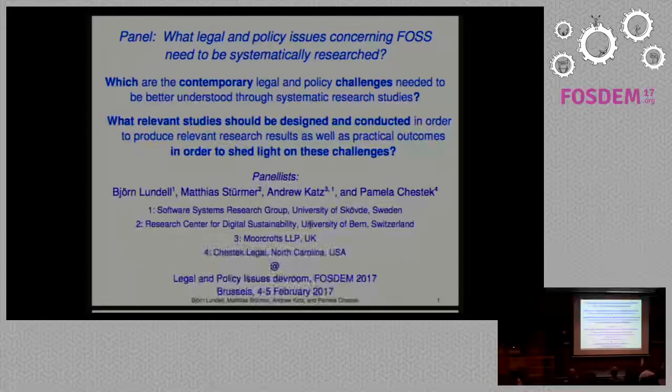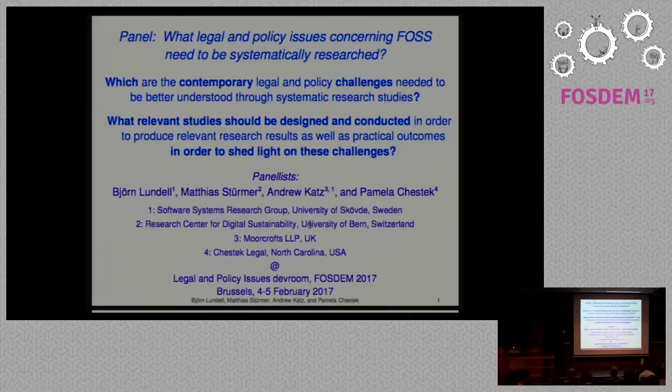And in this panel, the idea is that we will look into contemporary challenges that may inform practice, and also the other way around. In other words, what are the design of proper and really good and useful research studies? So we want input, and we want to share first the lessons we have learned by a few position statements before we open up for a discussion.